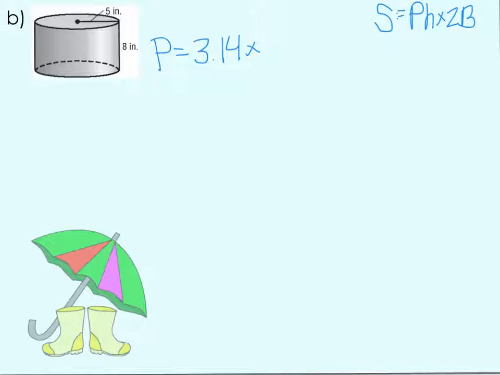So we have to look, is the diameter given or is the radius given? My hope is you guys can recognize that's the radius. So we're going to double the 5 and we're going to find that our diameter is 10. So we're going to have 3.14 times 10 for our circumference, which is 31.4 inches, because again, perimeter and circumference don't have any exponents.